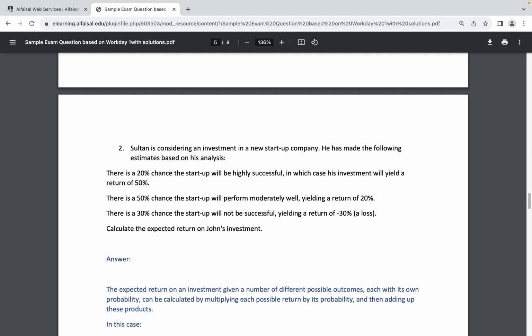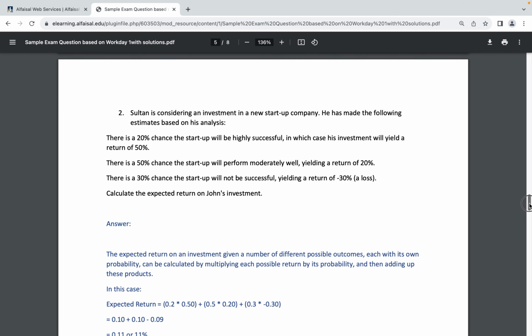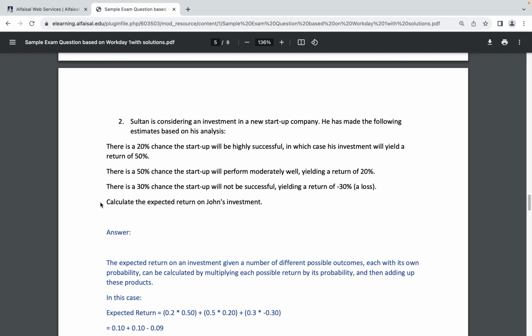So the expected return on an investment given a number of possible outcomes. Each one has a probability. So we have a 50% chance, that's a probability value, that we'll get a return of 20%. Our 20% chance, a probability value, will get a return of 50%. And our 30% chance will lose 30%.